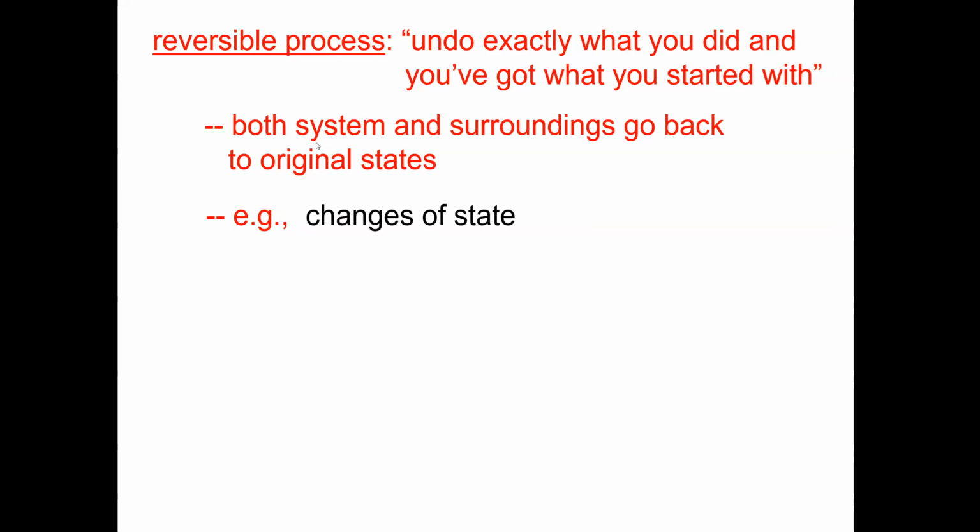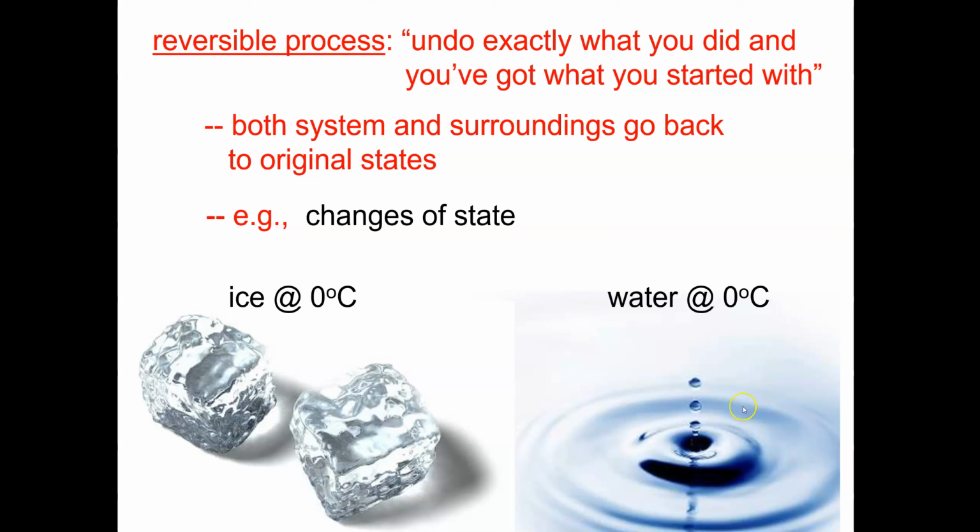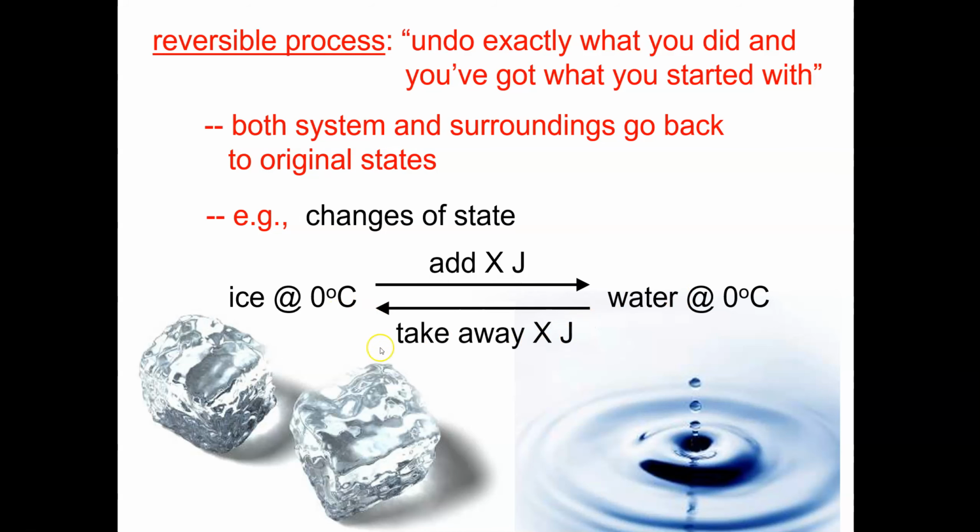As an example, there are certain changes of state, like ice and water. Ice and water are a phase change where we go back and forth between the two. If I ask you how to go from ice to water, it's very easy. We're just going to add some heat to it. In this example, it could be a couple of joules of energy. And if I want to go back from water to ice, I'm going to take away some of that energy.